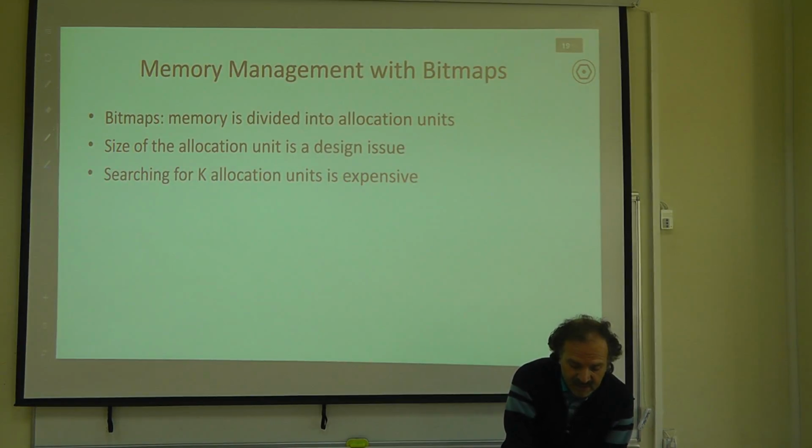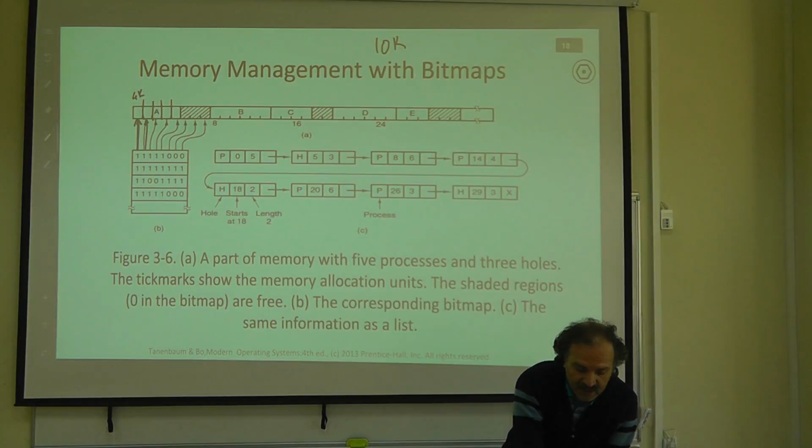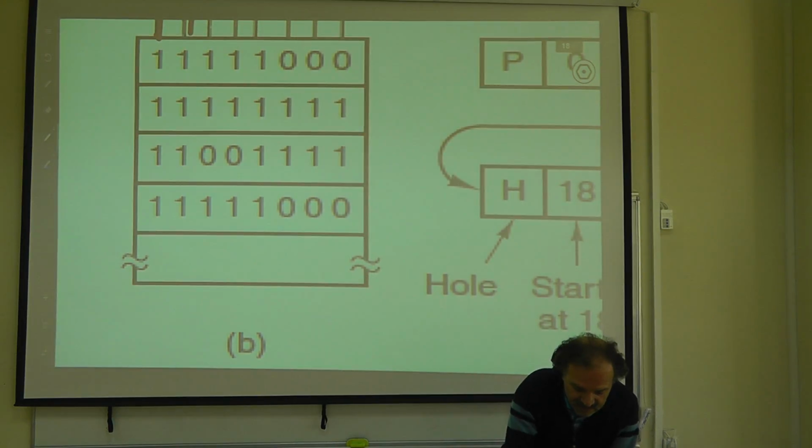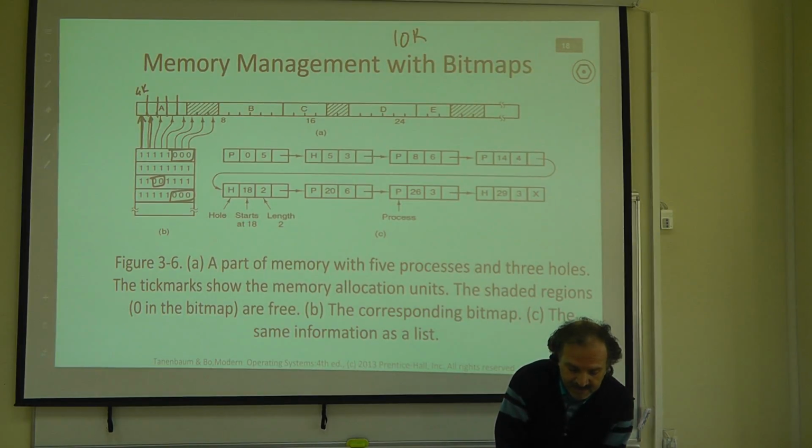So those would be the problems. And searching for k allocation units is expensive because I have to check this bitmap to find, okay, is this good enough for me, or is this good enough? I have to check the whole bitmap table. These are the disadvantages of using the bitmaps.